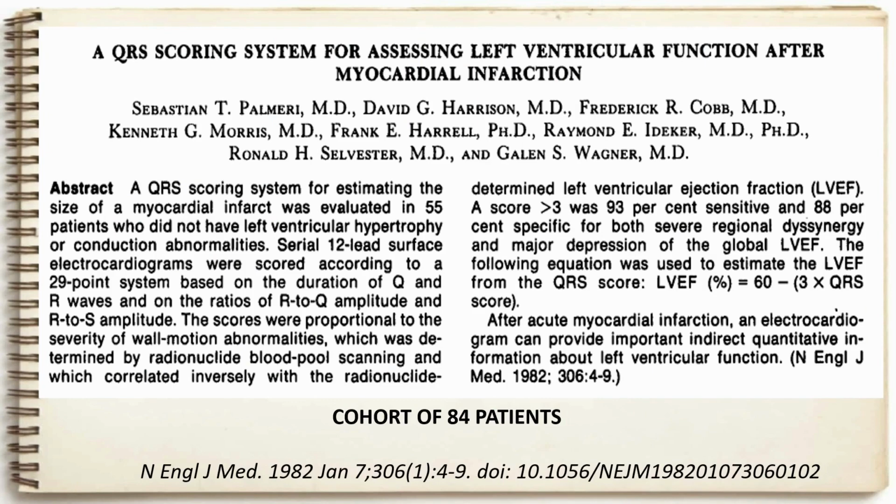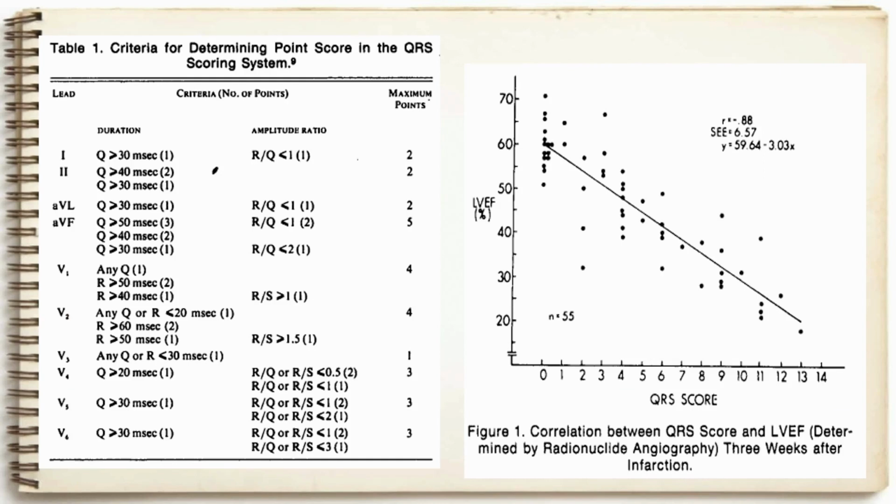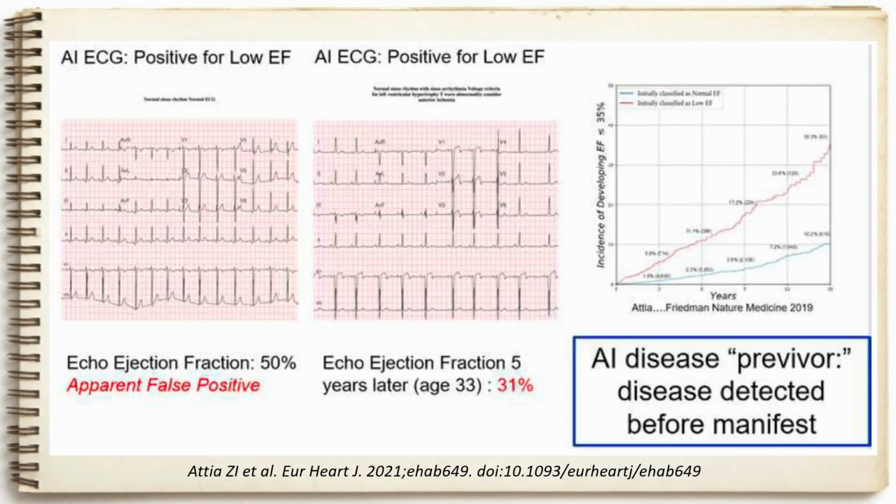40 years ago, a group of Gall and Wagner published in the New England Journal a paper looking at the QRS scoring system, which was able to predict left ventricular ejection fraction. This was never used in clinical practice.